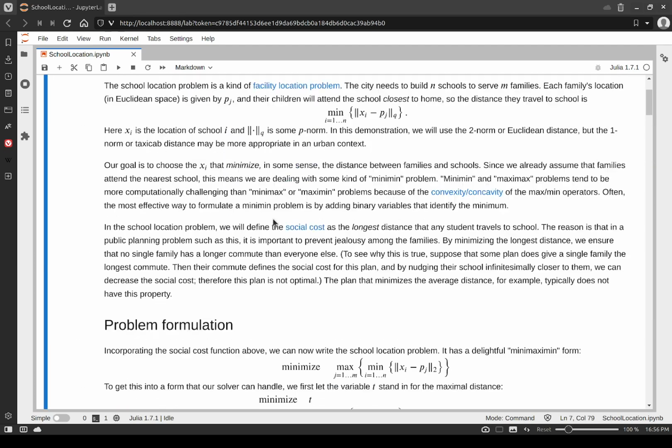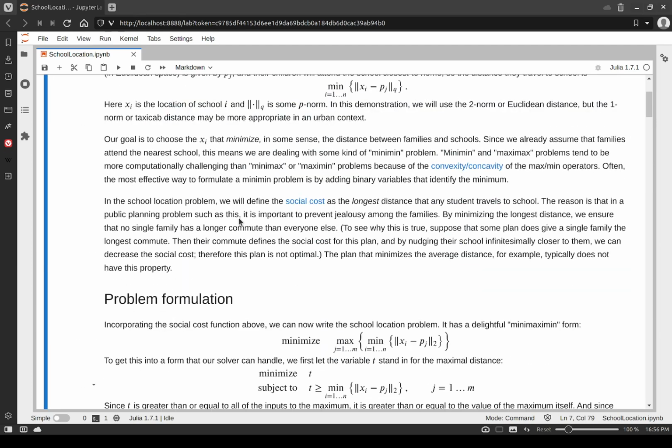And the reason for that is this, and I have a paragraph about it here. In this kind of public planning context, one of our very important priorities is to ensure that there's no jealousy, right, among our constituents. So if we try to minimize the average or the total distance that everyone has to travel, then it's possible that in service of the greater good, you're going to end up with one student who has to drive for an hour to school, while everyone else is within 30 minutes, right?